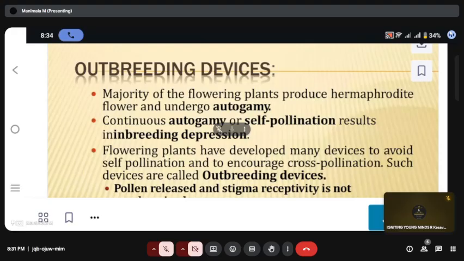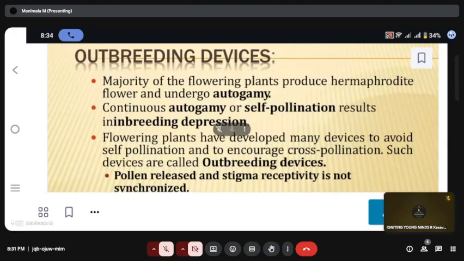Okay, I'll tell you. The majority of flowering plants produce hermaphrodite flowers and undergo autogamy. What do you mean by hermaphrodite? Both the male and female parts are produced in the same flower, which is called hermaphrodite.